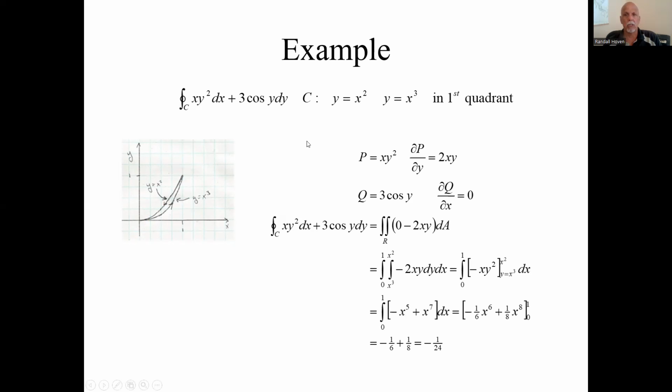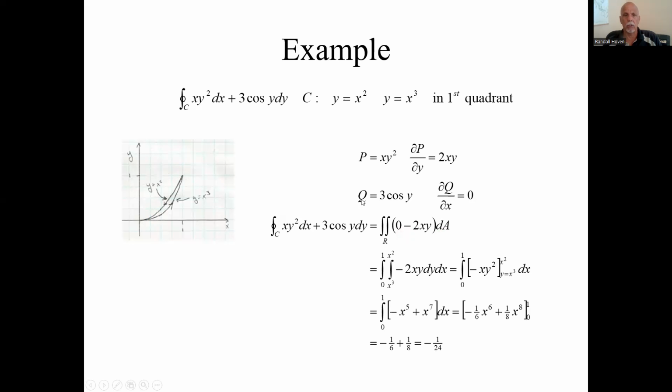So let's see. I already did the P's and Q's. This guy with respect to x is 0. This guy with respect to y is 2xy. I don't want polar coordinates, so let's see. The integrand is going to be 0 minus 2xy.